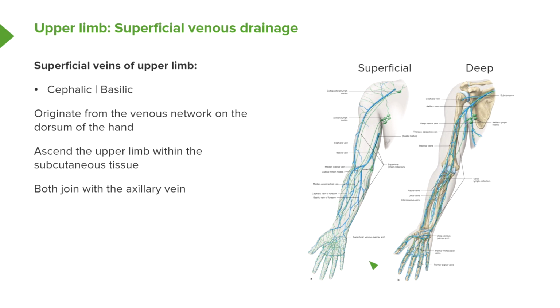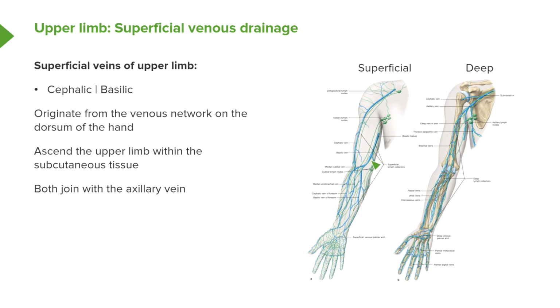Both of these veins originate from the venous network, which is located on the dorsum of the hand. So this is the palmar surface of the hand. On the dorsum, which is the posterior surface, we have what's known as a venous network. And this venous network gives rise to the cephalic and to the basilic veins. We can see them here, cephalic vein, and we can see a basilic vein running up.